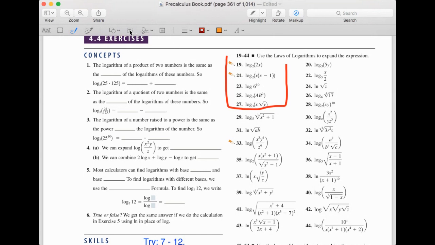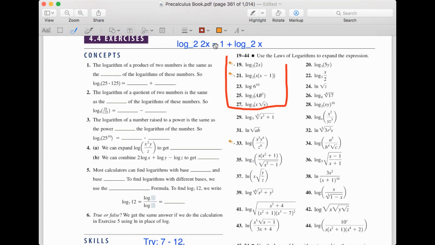Yeah, your answer is right. Let me read it for you. So you have log base 2, then inside the 2x, right? You said that equals 1 plus log base 2 of x. Right, the answer is right.